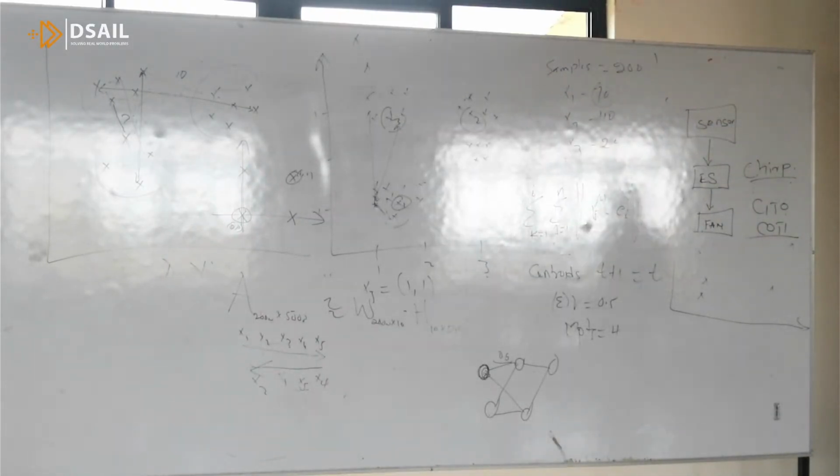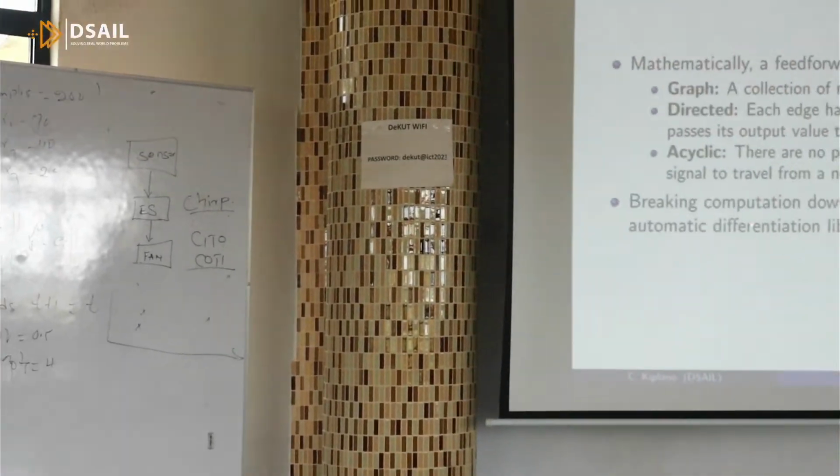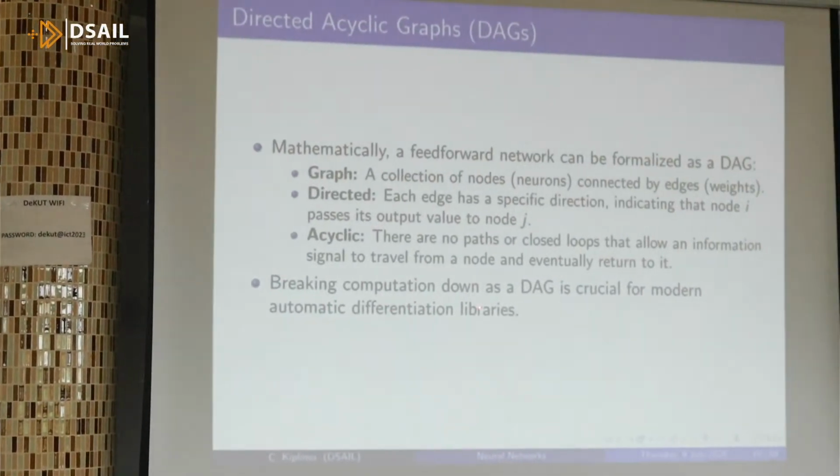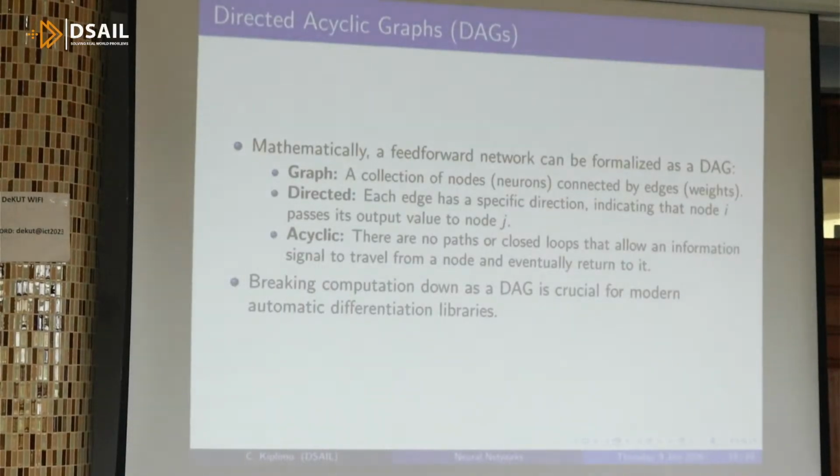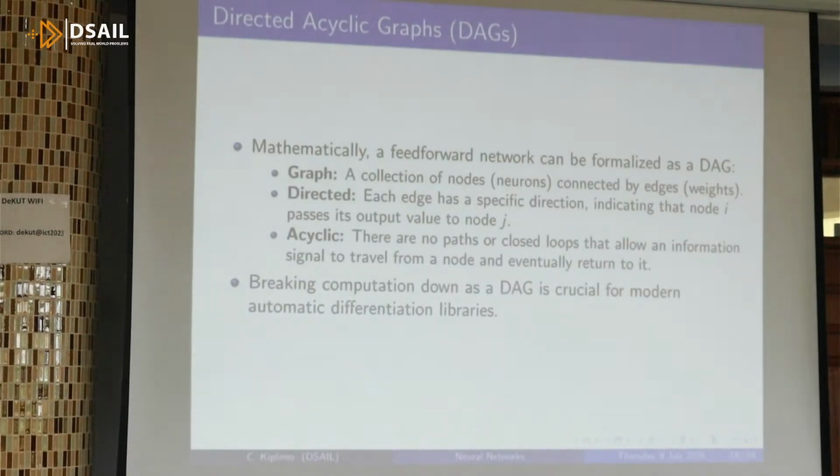So that's a graph. Okay. So when we view this feed-forward network as a directed acyclic graph, it becomes very useful because today, even though we'll be discussing the backpropagation algorithm, really rarely will you ever have to write your own backpropagation algorithm unless you're curious and just want to learn.